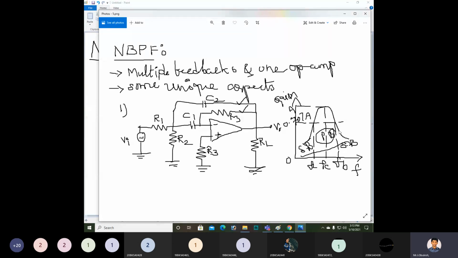Only if your signal frequency is between FL and FH will it pass through the inverting input terminal of the operational amplifier. Up to now clear?